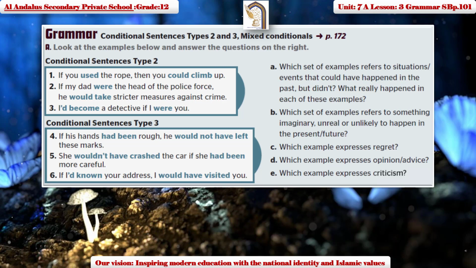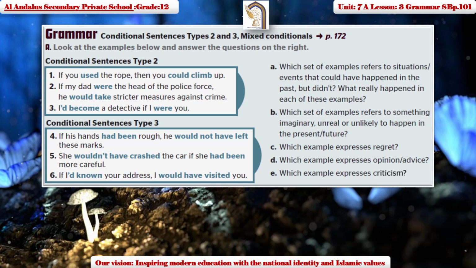Sentence 2: if my dad were the head of the police force. Gentlemen, usually with type 2 conditionals, we use were with a singular subject. If my dad were the head of the police force, he would take stricter measures against crime. A third example: I'd become a detective if I were you.